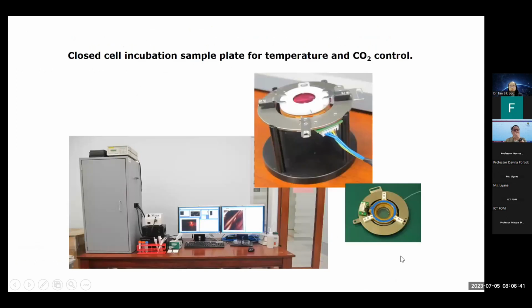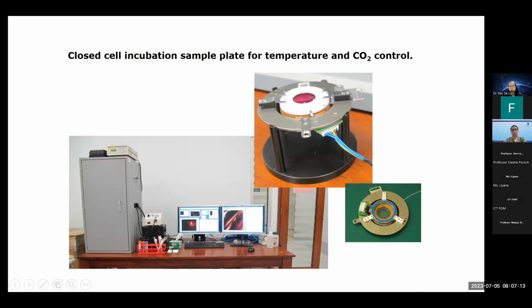In this study, the cells were seeded and viewed under high spatial resolution using this closed cell incubation sample plate. With this plate, the cells are visualized close to physiological conditions, incubated at 37 degrees Celsius with CO2 control in this small chamber that you can see here.